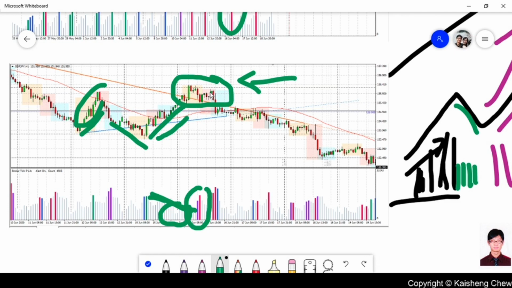Filling their orders. Our big boy on the 4 hour tells us we are doing selling. So we can see that the seller, the bearish bar, is slightly strongest. Sometimes it will be hard to identify, but this is quite obvious that your seller is quite strong.